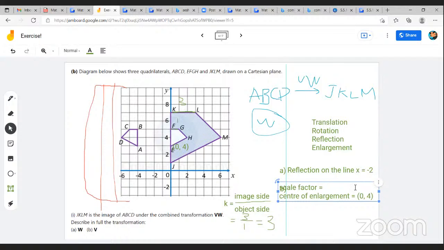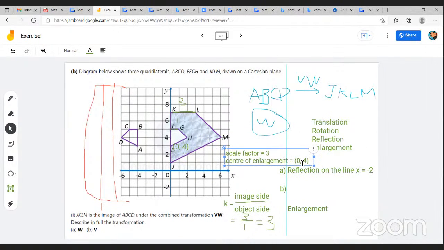Any questions? Are we clear on this? Yes, sir. All right. So now we have to describe this as an enlargement. To describe this whole thing, make sure you don't write it like this, otherwise they'll give you a big fat 0 for your marking.